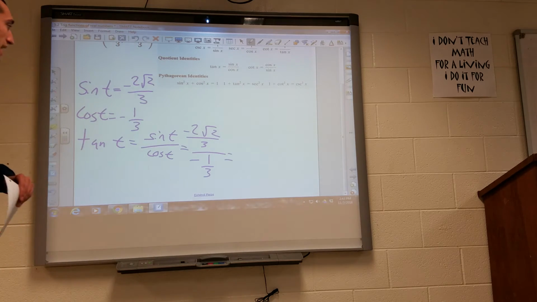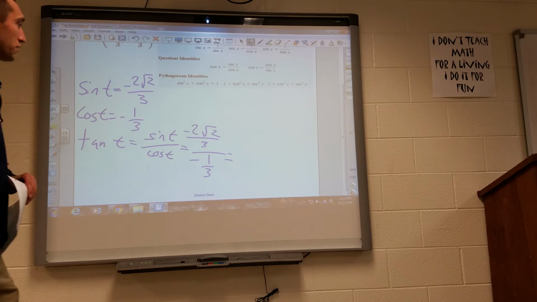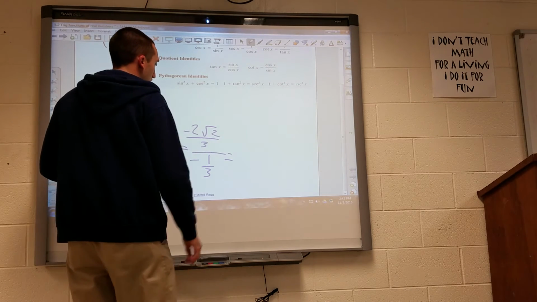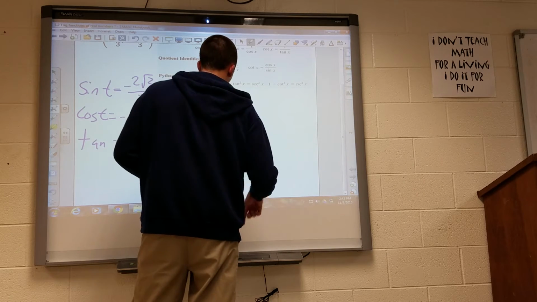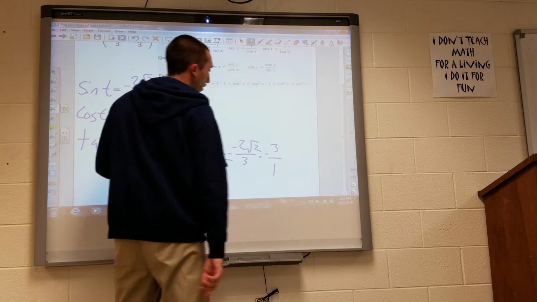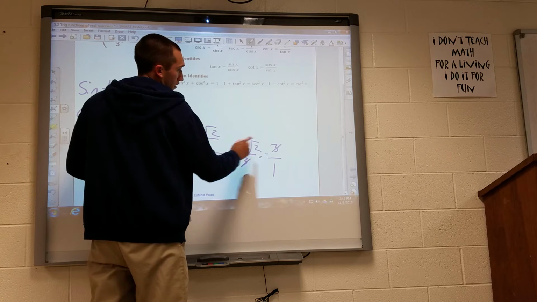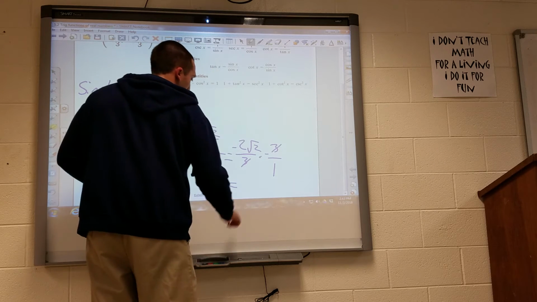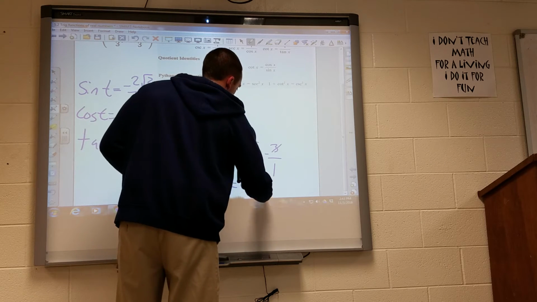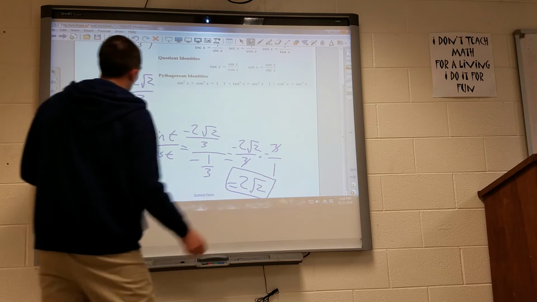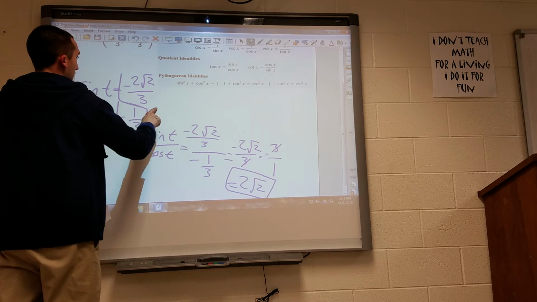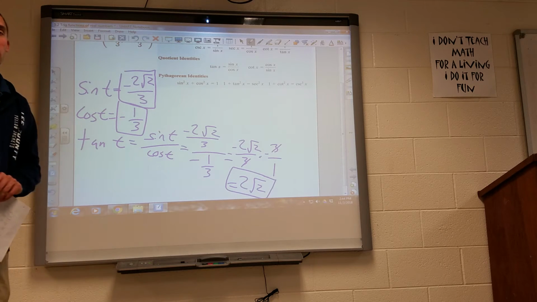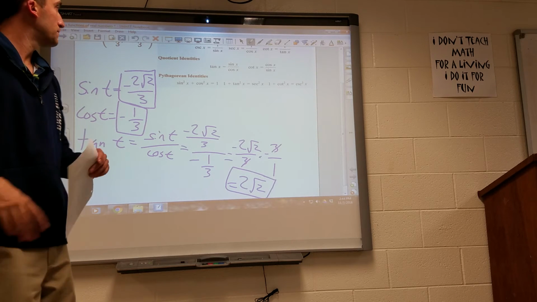When I do that division, remember I can flip and multiply, so I really get negative 2 radical 2 divided by 3 times negative 3 over 1. These cancel. There's a negative times a negative, so I'm going to get a positive 2 radical 2 for my tangent of t. I had a negative 1/3 for my cosine, and a negative 2 radical 2 over 3 for my sine.